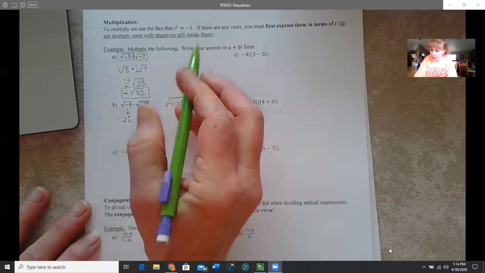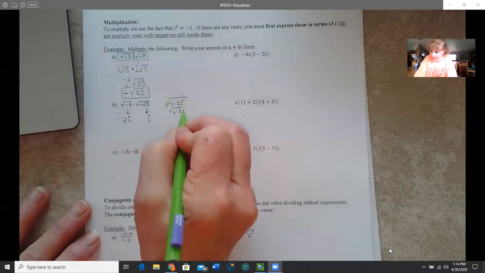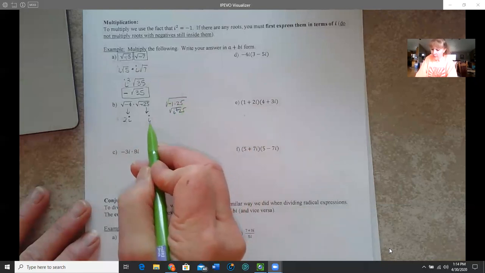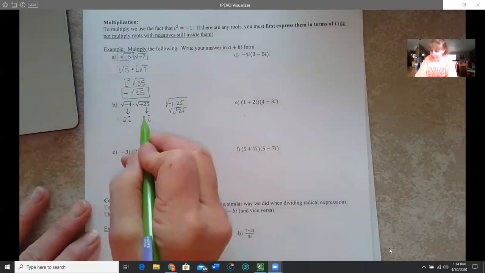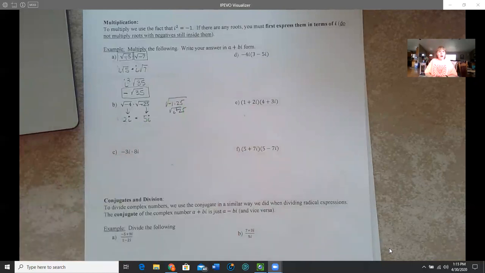This -1 is i squared, and if you have 2 of something, it comes out as 1. 25 has two 5s. So you come up with 5i, the i coming from the negative inside our square root, and the square root of 25 is 5. So once we've simplified them, we're going to multiply.